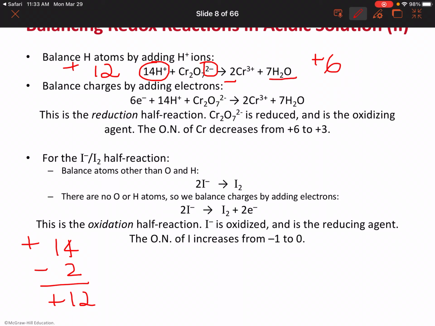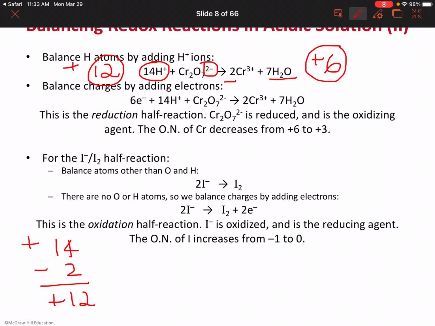Now water is a neutral molecule. There is no charge, so there is no charge coming from the water. So on our reactant side, we have plus 12, and on the product side plus 6. What happened? Is it oxidation or reduction? Remember, oxidation is an increase in the oxidation number, and reduction is when you reduce the oxidation number.